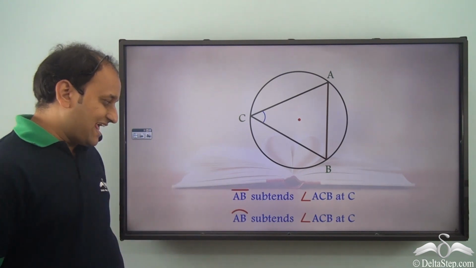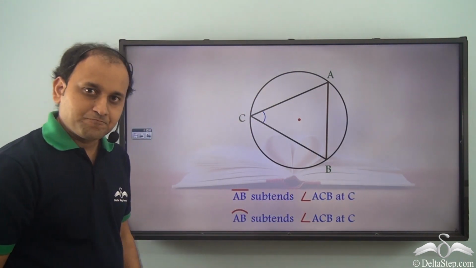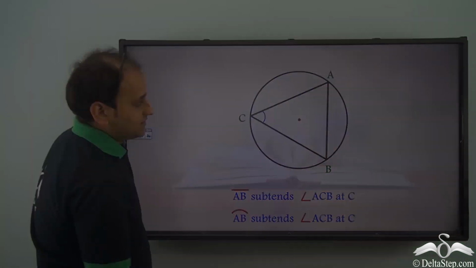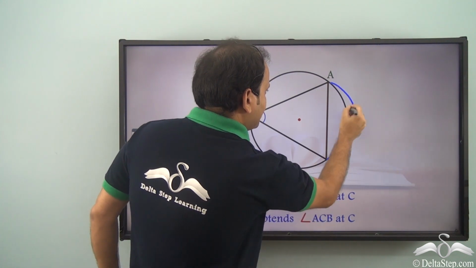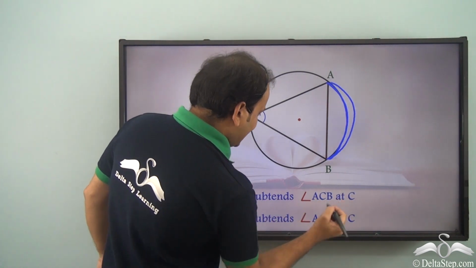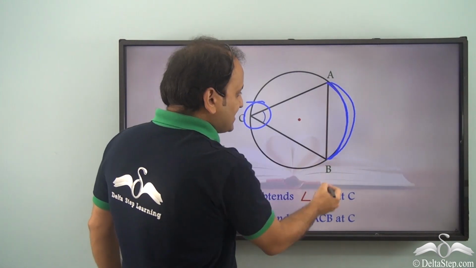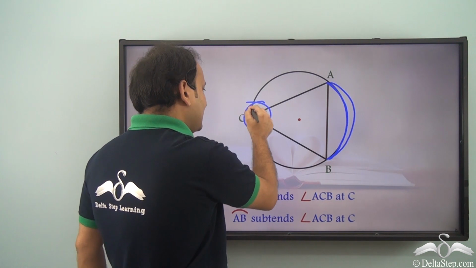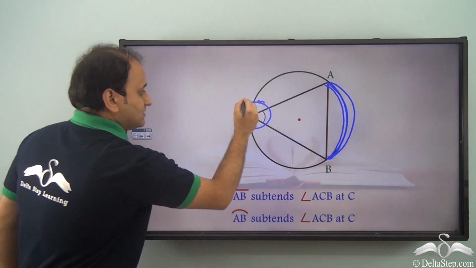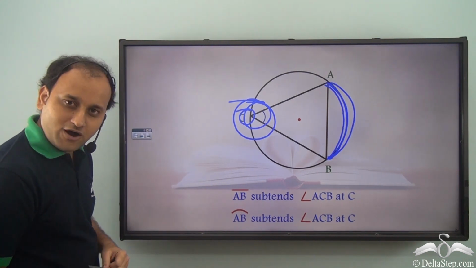Well, still we can say that line segment AB subtends angle ACB at C, but also we can say that arc AB, this particular segment here, subtends angle ACB at C. So in the case of a circle, not only the chord subtends this particular angle at C, the arc itself also subtends this particular angle at C. So it can be written in both the forms.